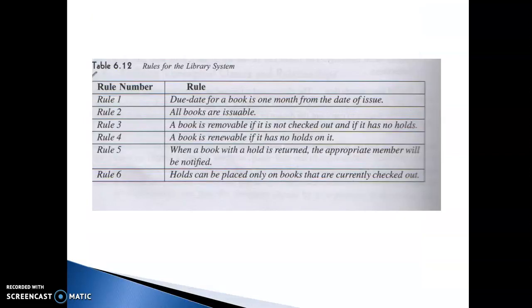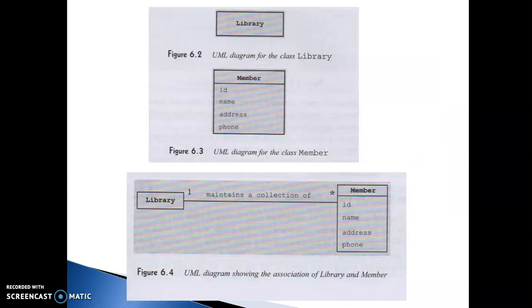The rule table is over here, and whenever you are renewing a book or placing a hold on a particular book, this rule table will help you in explaining. I made a separate slide for this. Okay, let us see the next topic.